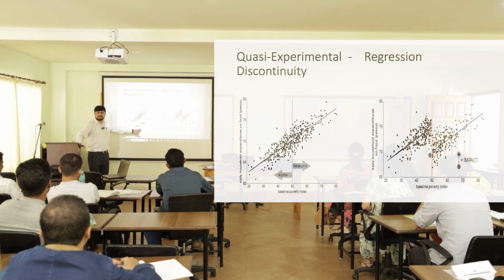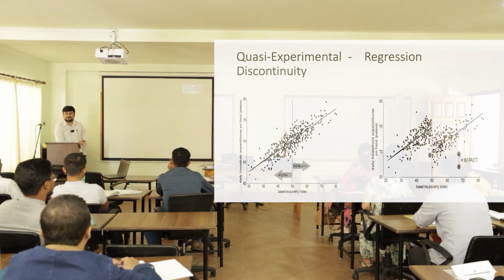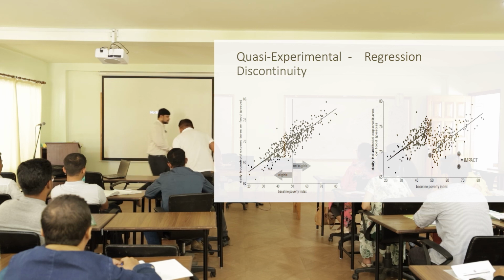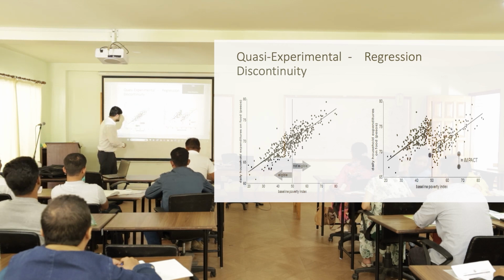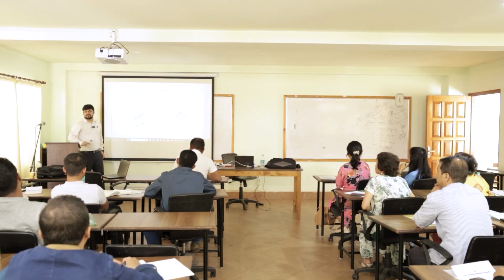People who are falling in the income range or in the poverty index above 50 are not eligible to receive the program. Simple. We have a cutoff in place. So this 50 is the cutoff. Okay.